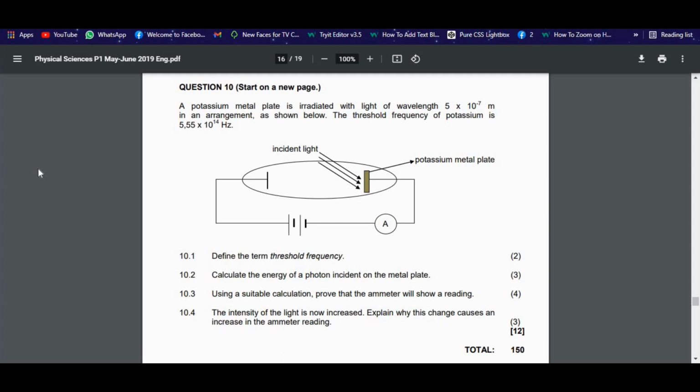We've got a potassium metal plate irradiated with light of wavelength 5 times 10 to the negative 7 meters, in an arrangement as shown below. The threshold frequency of potassium is 5,55 times 10 to the 14 hertz. We don't have to define the term threshold frequency, but we can calculate the energy of a photon incident on the metal plate. We'll take 3 minutes for that and go through the question afterwards.